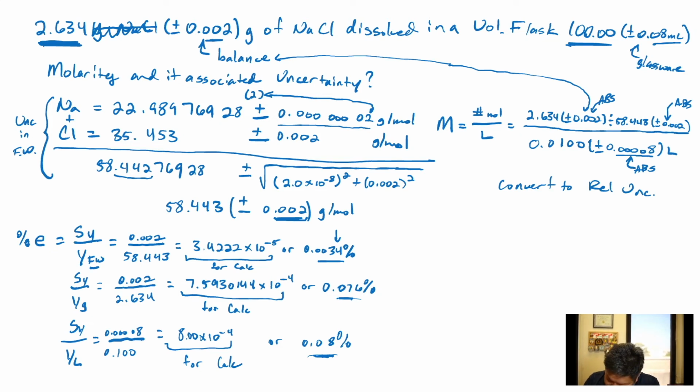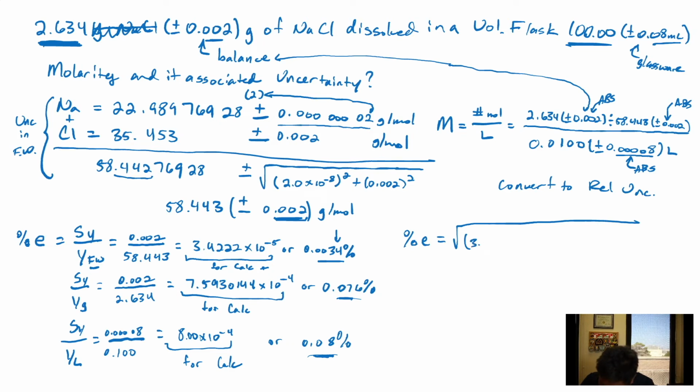You can now do the whole percent E, percent uncertainty. Percent E equals the square root of this number right here.